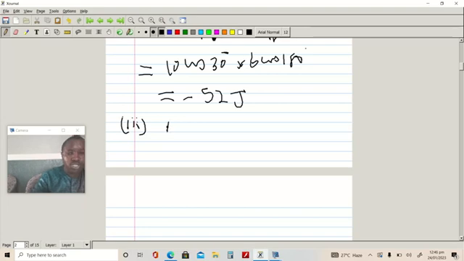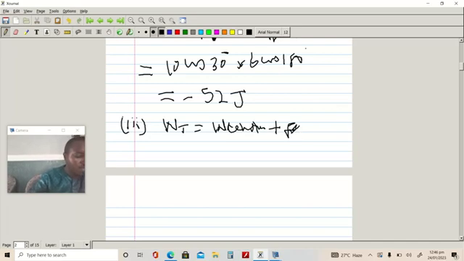Let's call it W total, which is equal to work done by the tension, that's the first one, plus the work done by the friction, the second one.